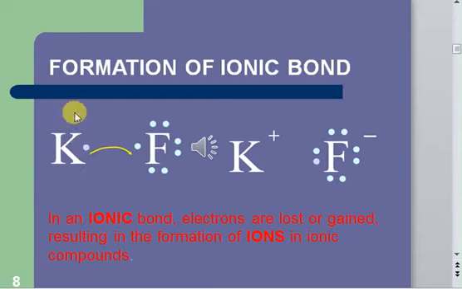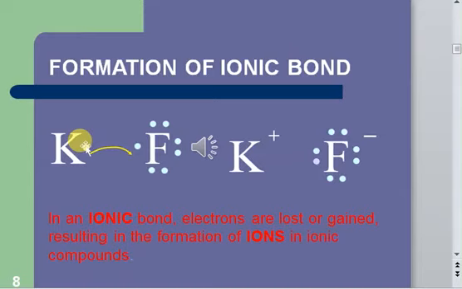So this potassium has a complete penultimate shell, but it has just 1 electron in the valence shell. So the potassium wants to get rid of that electron in the valence shell. If it loses this electron, its penultimate shell will become the outermost shell, right? And the penultimate shell will be complete. Therefore, the potassium wants to remove that electron.